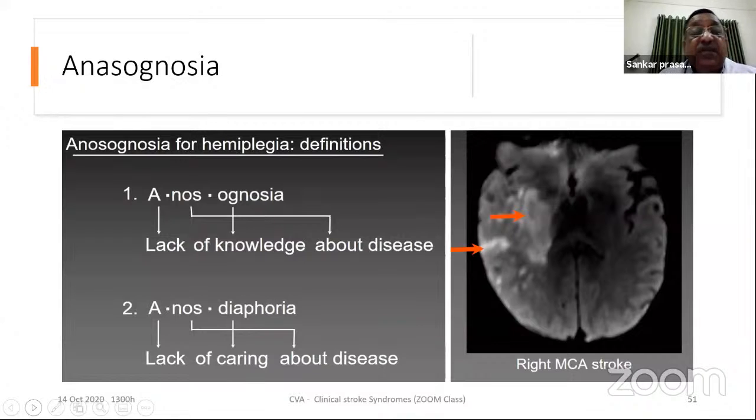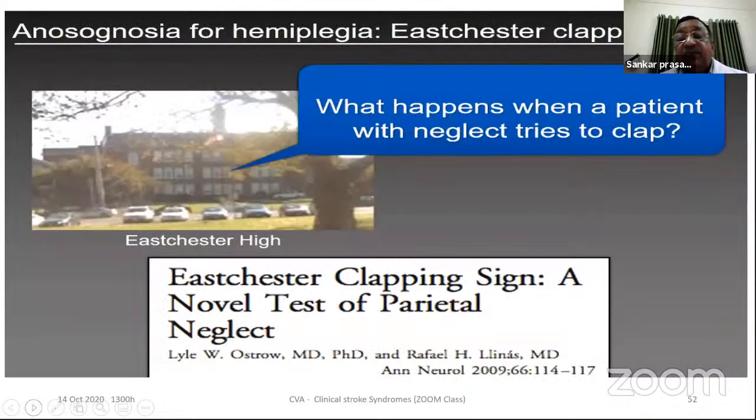He says, so what? Let it be there. That type of careless attitude is called anosodiaphoria. So whenever this individual wants to clap, he wants to clap, but he cannot clap. He'll clap only with one hand. That is called the Easter Chester clapping sign. This is how it has come into vogue.